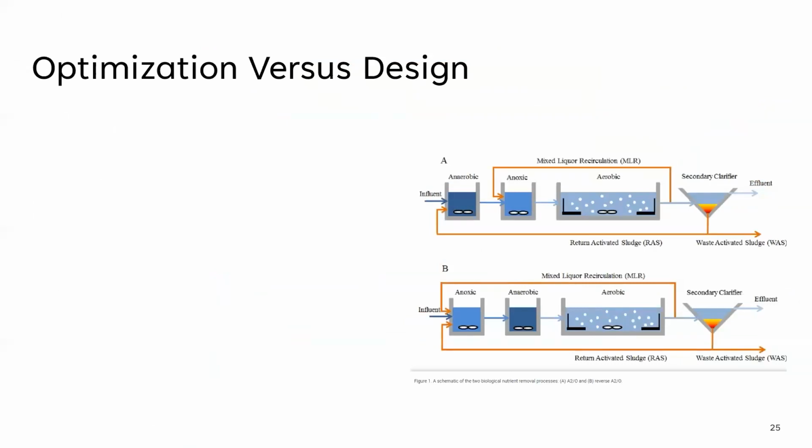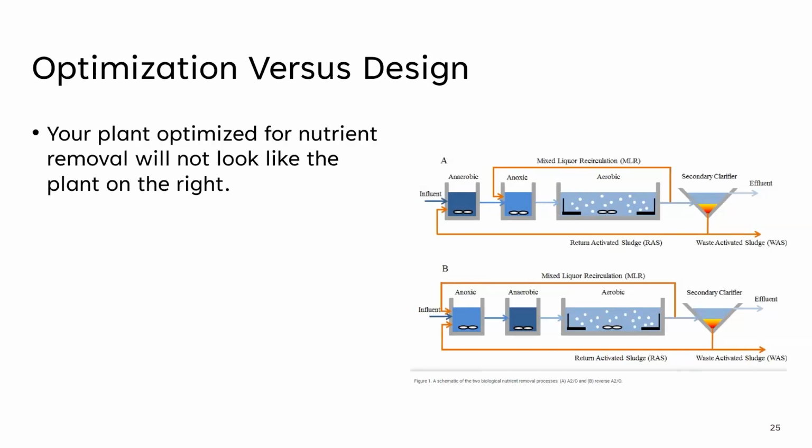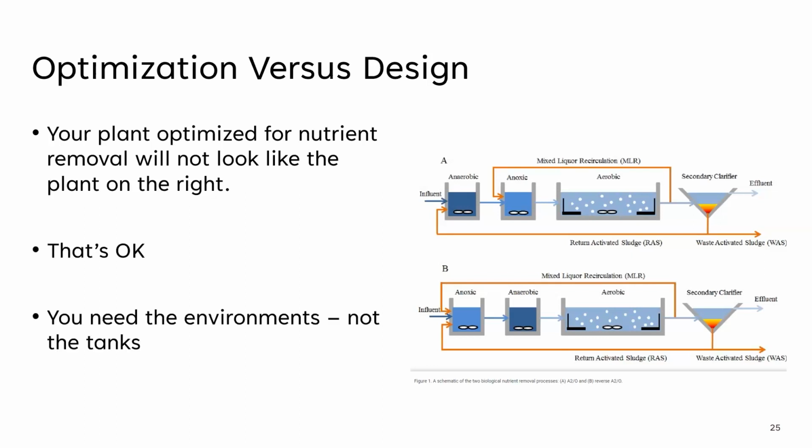So optimization versus design. Many of you won't have a plant that looks like one of these two layouts. Your plant optimized for nutrient removal will not look like the plant on the top or bottom here at the right. That is okay. There's many, many plants that are doing this well without having this specific type of layout. You need the environments, not the tanks.